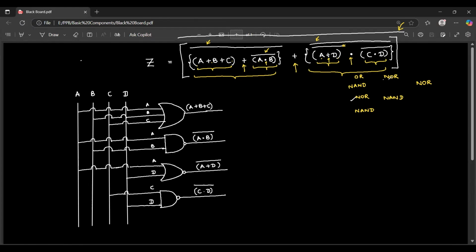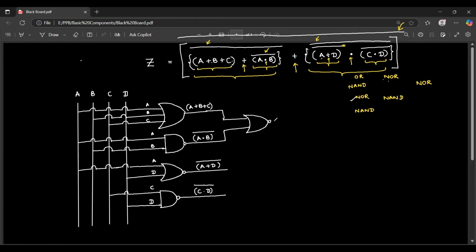Now we can go to the second layer of gates. So we have NOR gate. Why? These two are passing through a plus and a whole thing bar, which means they can only go through a NOR gate. That's the only combination possible. Or they can pass through an OR gate and then a NOT gate, but they can just use NOR gate, right? Because they didn't say we have to use basic gates.